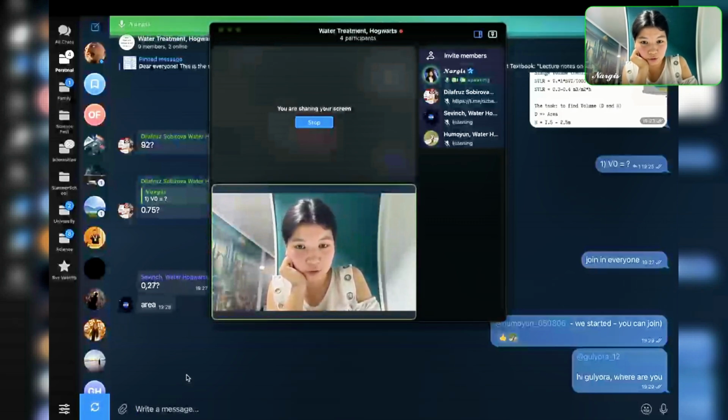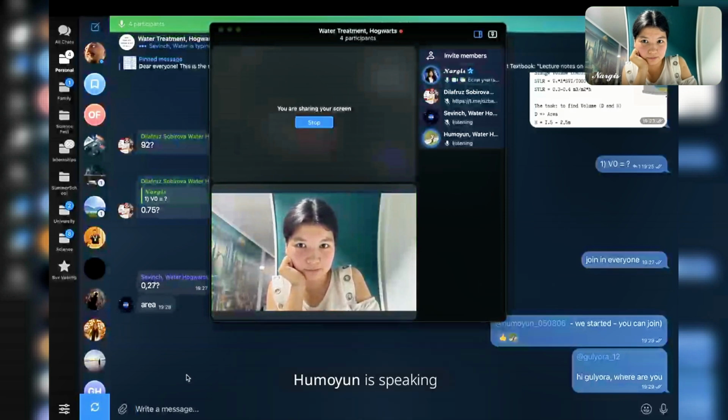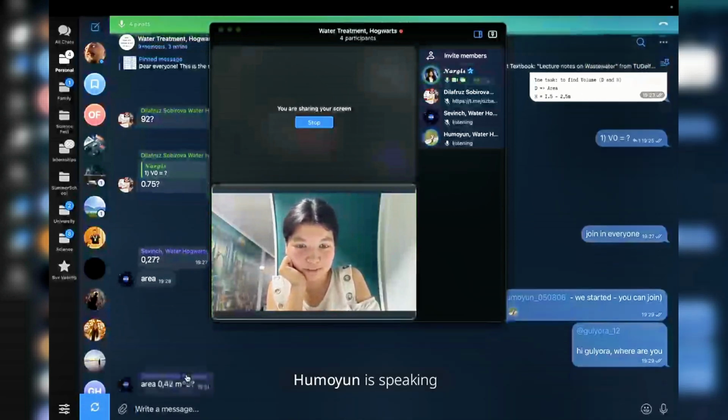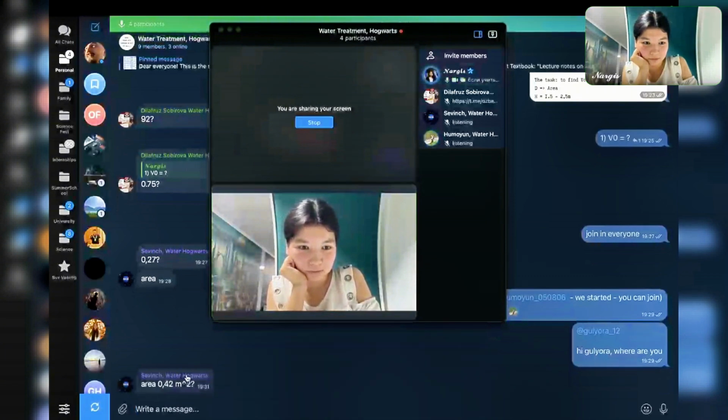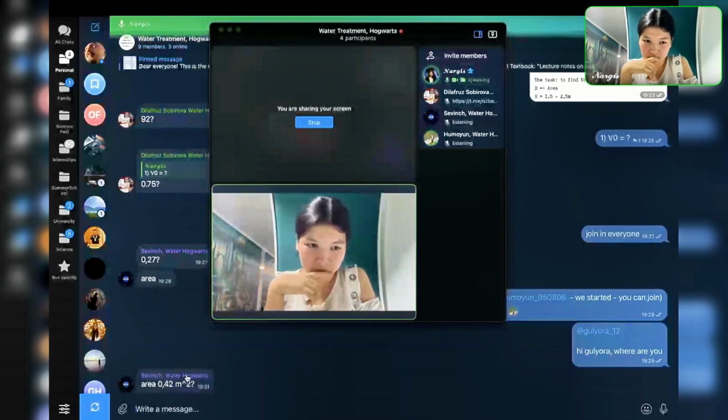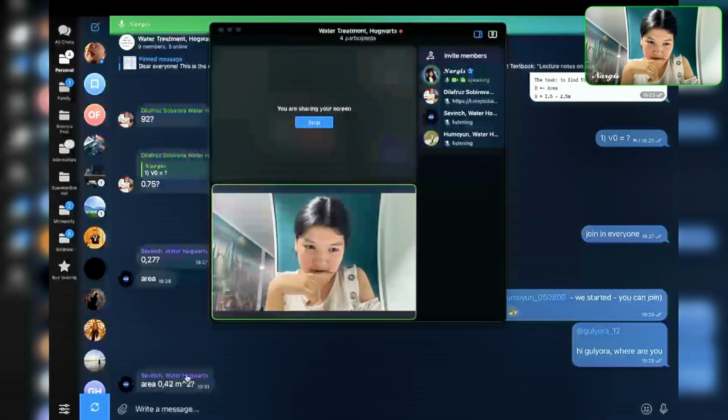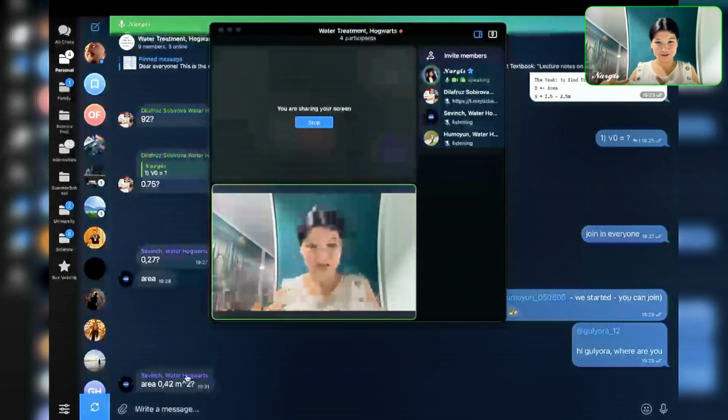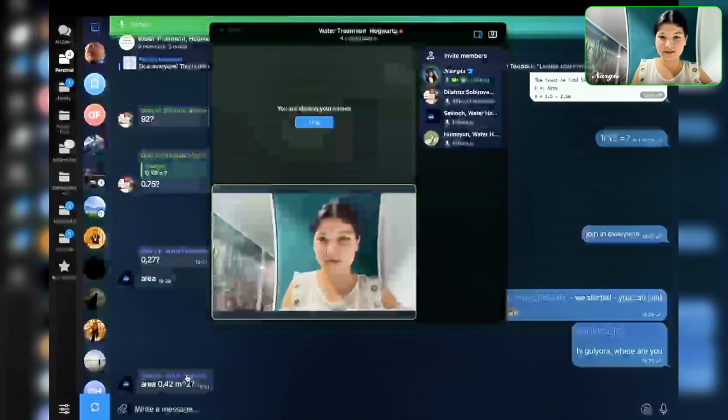Sevinç, Homoyen, how is it going for you guys? Are you lost? Do you need my help? Area 0.42 meters? It's very low for the area. It's not even 1 meter squared. It cannot be like this.